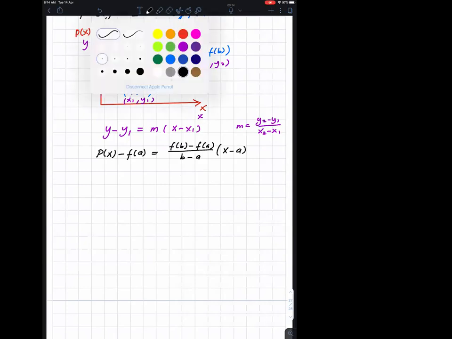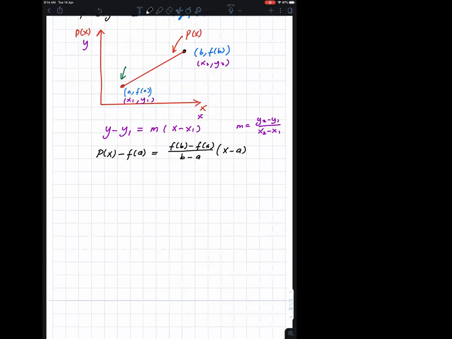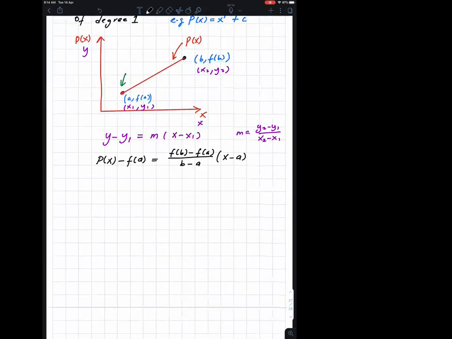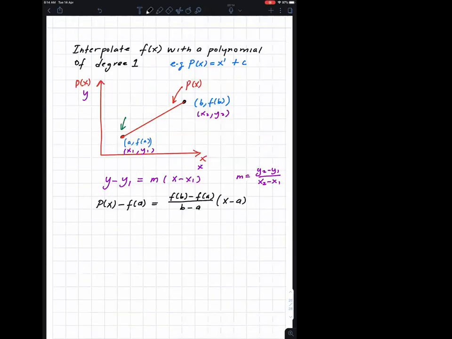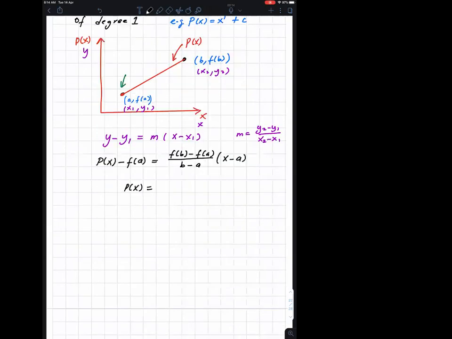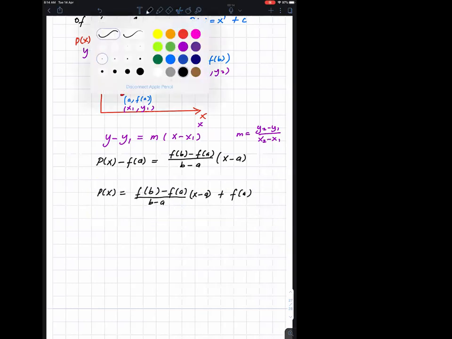So once we find this equation, p(x) is going to be this.